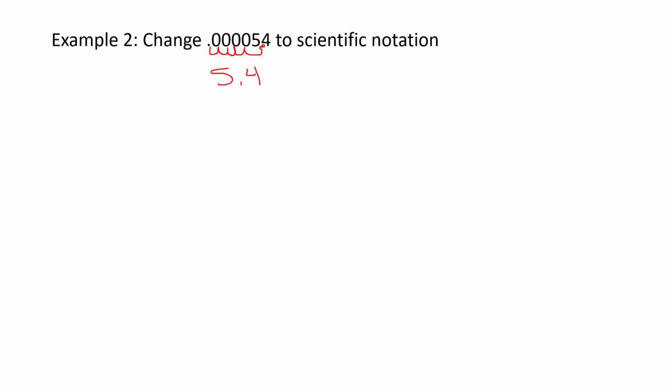Now here's the thing. If I am moving my decimal to the right, it becomes a negative exponent. If I am moving my decimal to the left, it is a positive exponent. I moved this how many places?